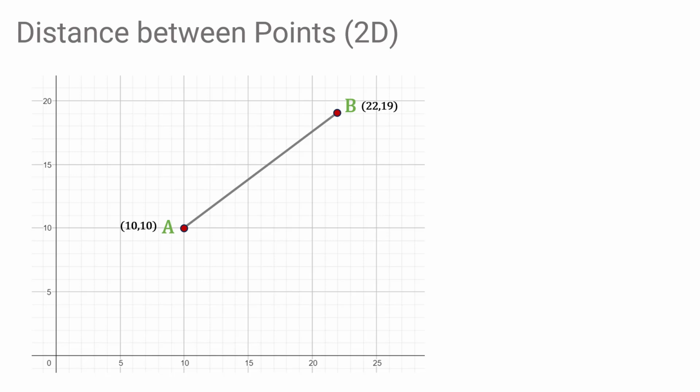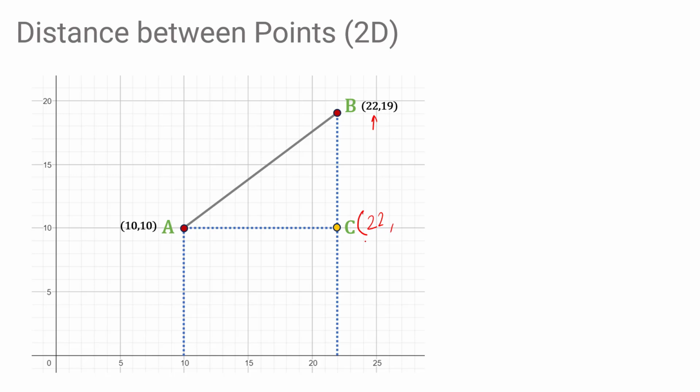We need to find out the other 2 sides of this right angle triangle. I will first drop vertical lines from both points A and B, and also draw a horizontal line across point A. At the point of intersection, which is this yellow point, we find the third point of that right angle triangle. Now, by using some basic logic, we can actually figure out the coordinates of this point C. Notice that point C is vertically below point B. Thus, it is going to have the x coordinate which is the same as that of point B, which is 22.